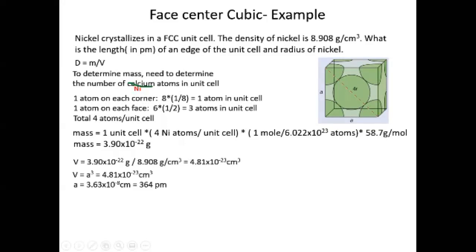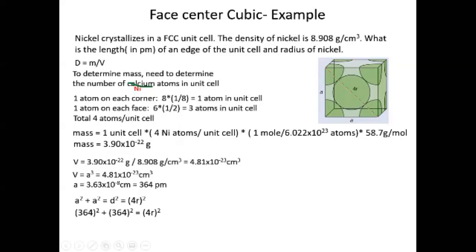Now we need to determine the radius, and we have to refer to this picture right here. This picture tells us that A squared plus A squared equals D squared, and this is the Pythagorean theorem, and so D squared is actually 4R squared. So if we know what A is, we can determine the radius of nickel.